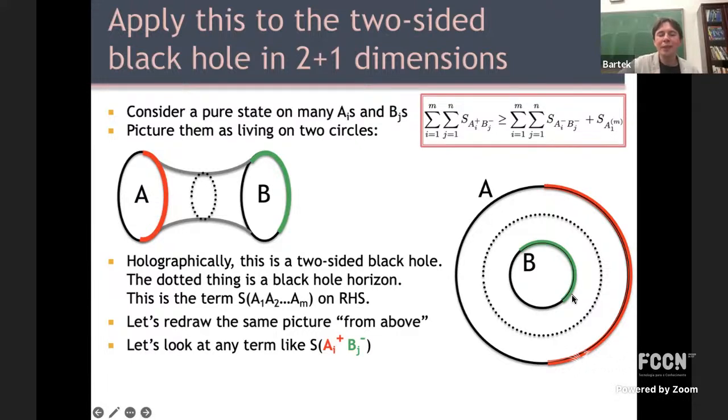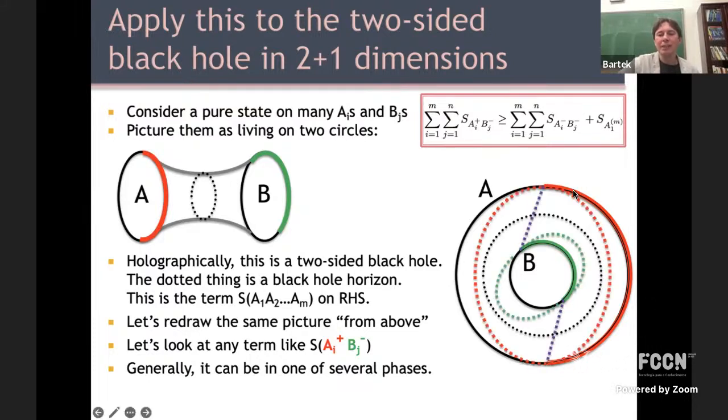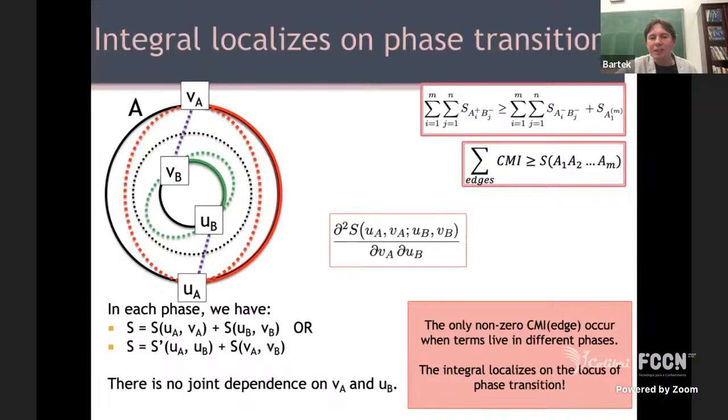What could the entropy holographically of such a thing be? Well, it can be in one of several phases. One phase I drew in red here. Oh, okay. This is not a perfect picture, and sorry about that.